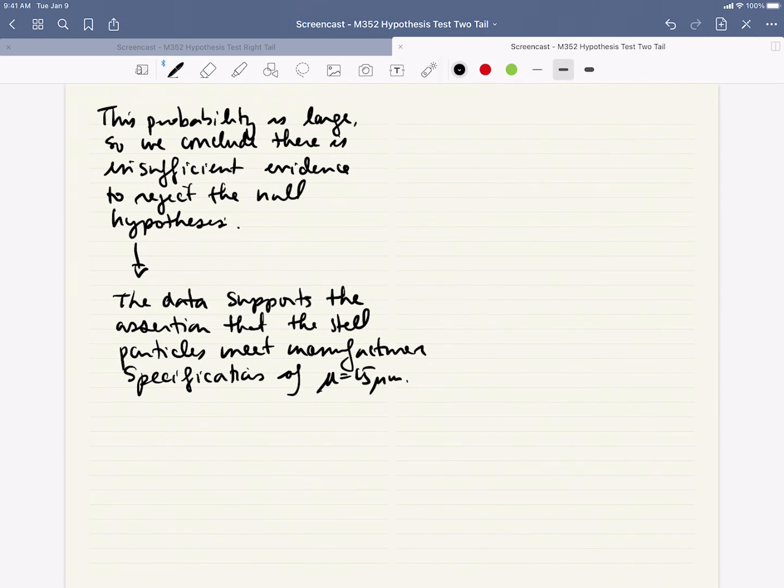Okay, so an example where a hypothesis test fails to reject the null hypothesis. So you persist with the null hypothesis.